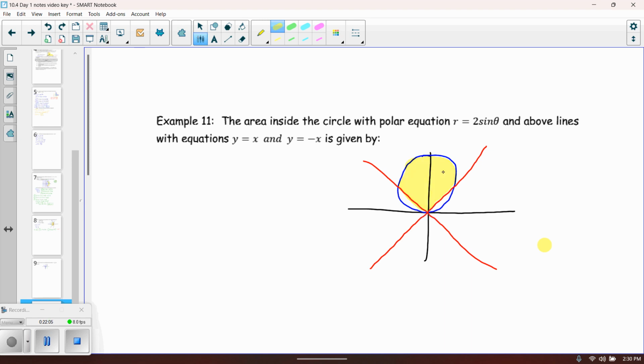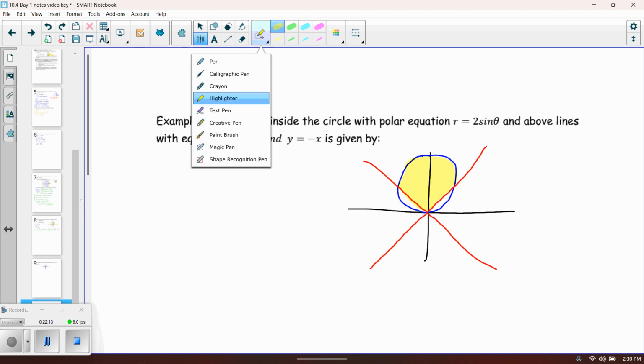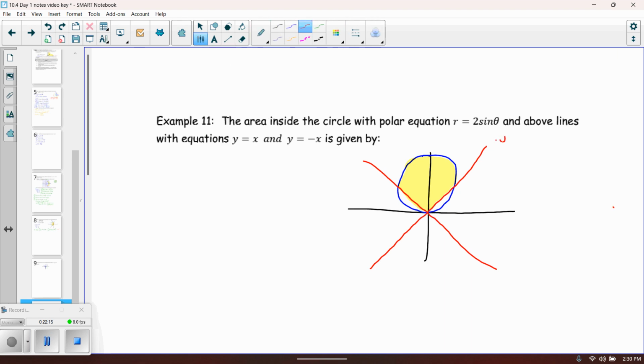As long as you understand that these are the 45-degree lines, and we should know what angle creates those, that is at pi fourths up here and 3 pi fourths over here. Or once again, you could use symmetry and go from pi fourths to pi halves and double it. This is a pretty easy one overall to do.